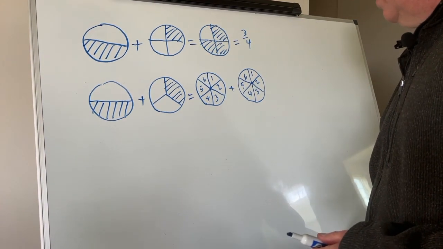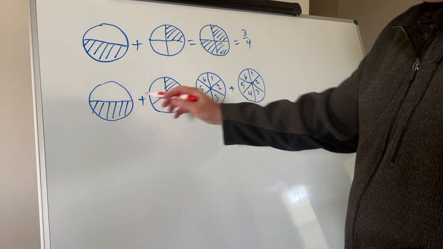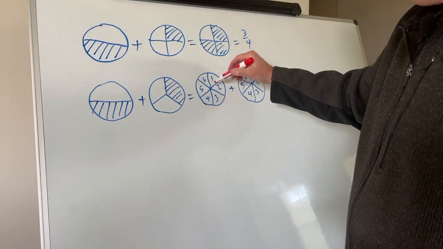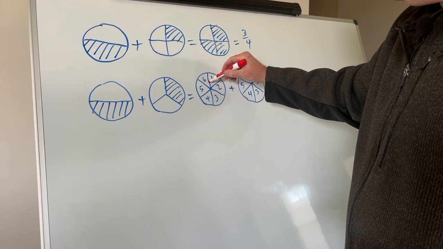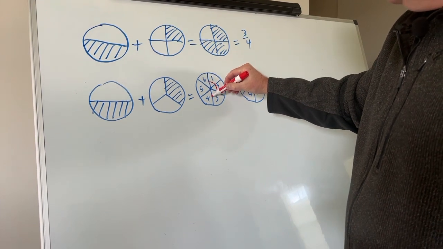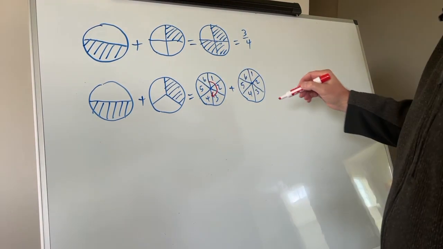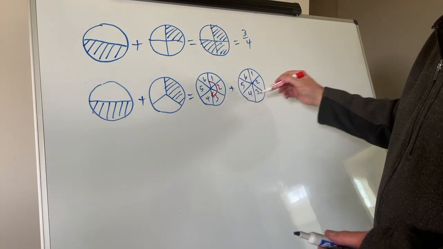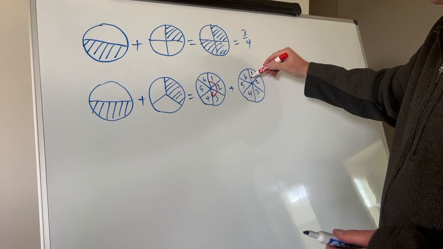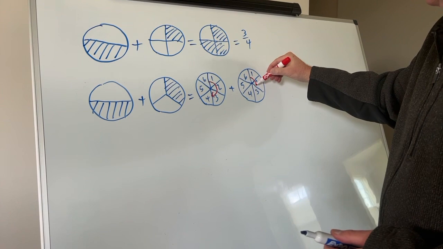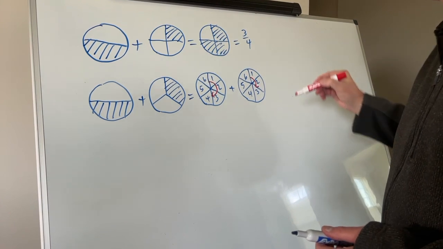So then I'm going to take this half, which is half of this circle, and then I'm going to add it to 1/3 of this circle, which is 2 out of 6 of these.